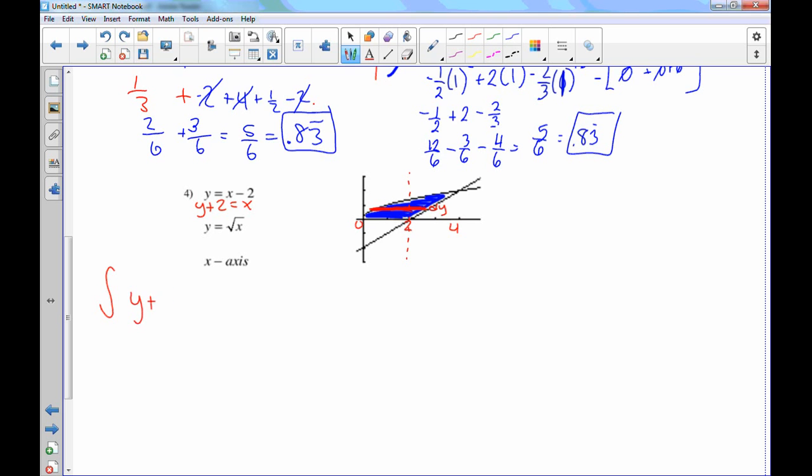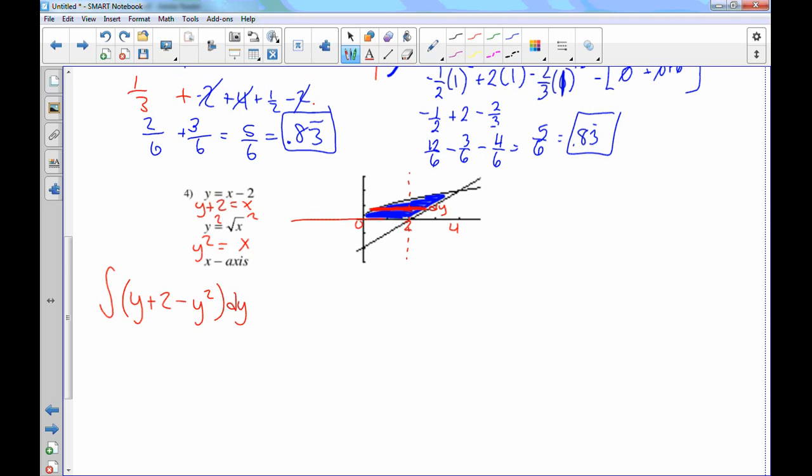Yep, y plus 2, so it's the right minus left. And we do it with dy. Now, the left is the quadratic, so how do we get x by itself, in terms of y? Squared. Yep, so x equals y squared, so minus y squared. All of that dy.